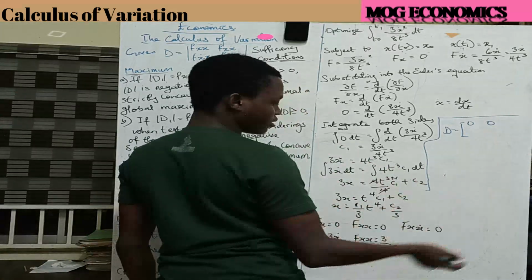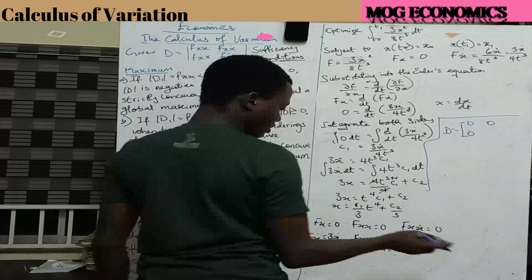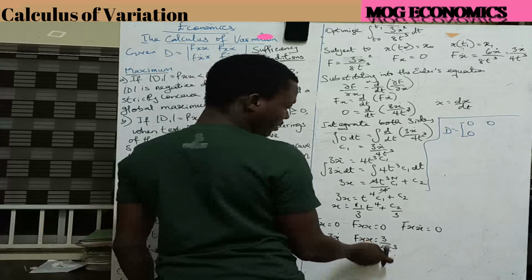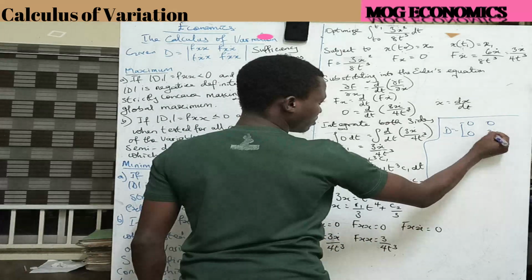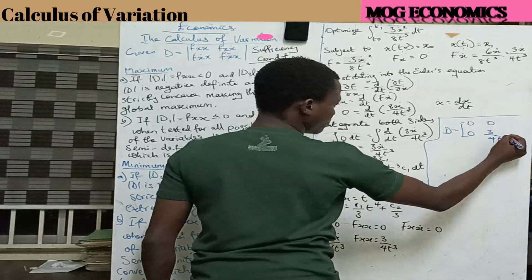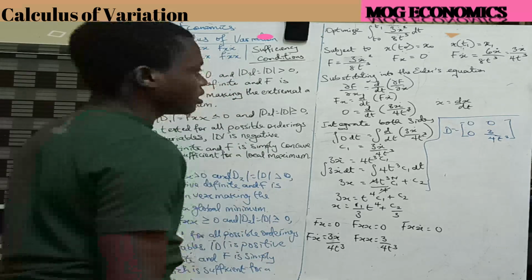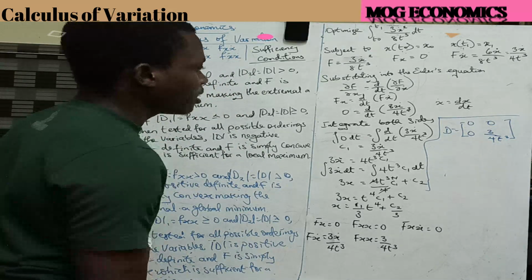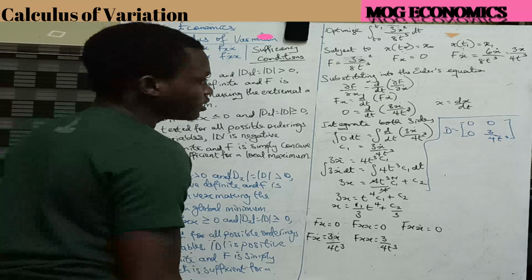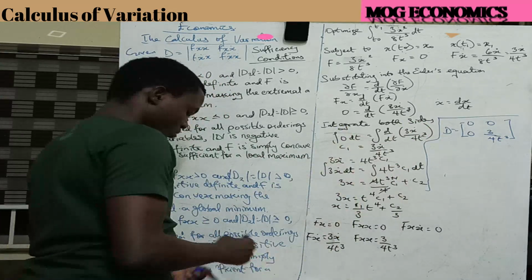You have fx dot x, which is still this guy when you rearrange it, 0. Then fx dot is that. So we have 3 over 4 c3. Of course, the worst thing that can happen is for t to be 0. And if t is 0, the whole thing becomes 0.